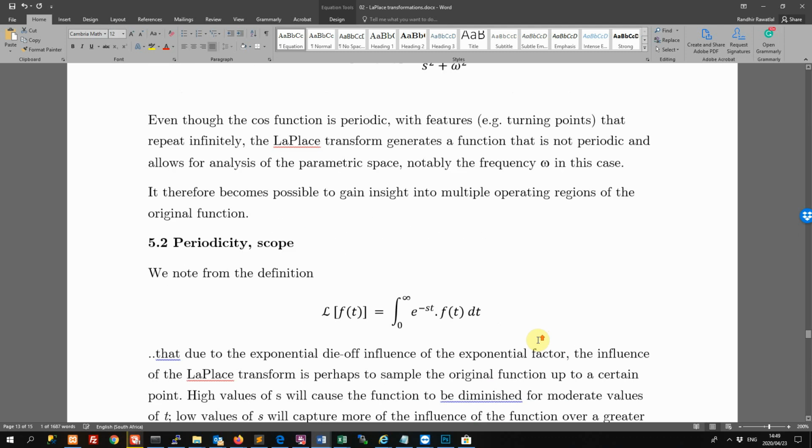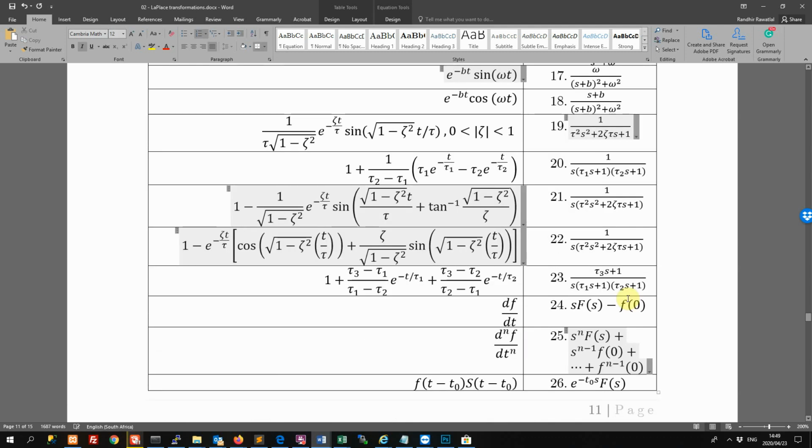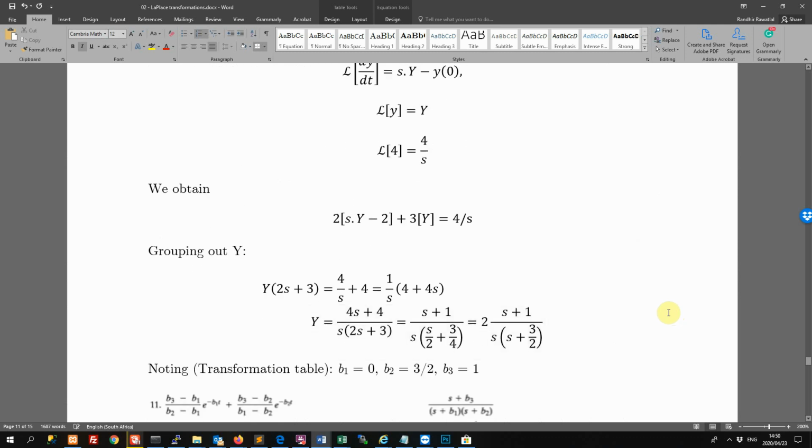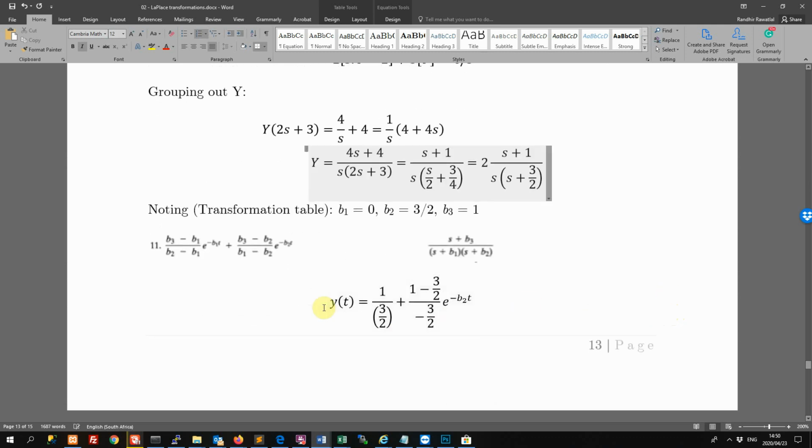And so if we go look up in the table, so right here, we can identify that this must be the time domain version of this function. So just applying that in there, we can see that that is the solution to our equation.